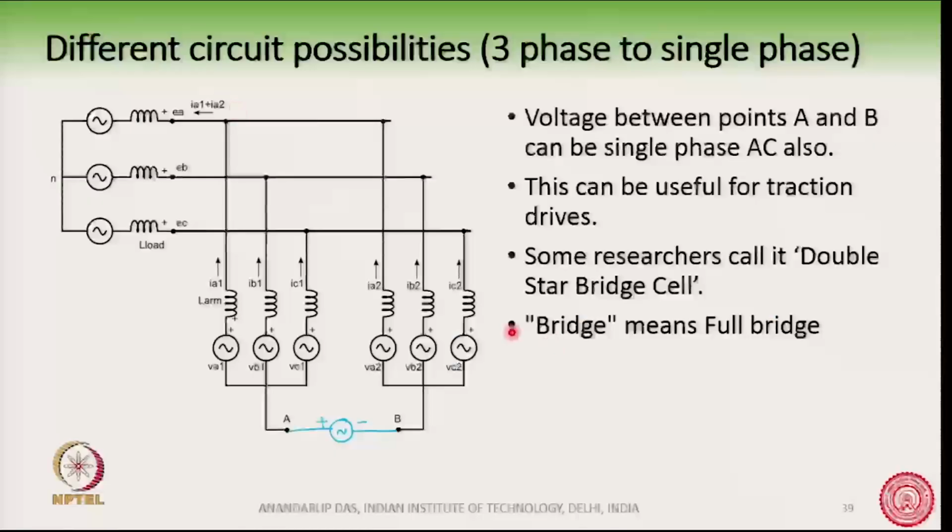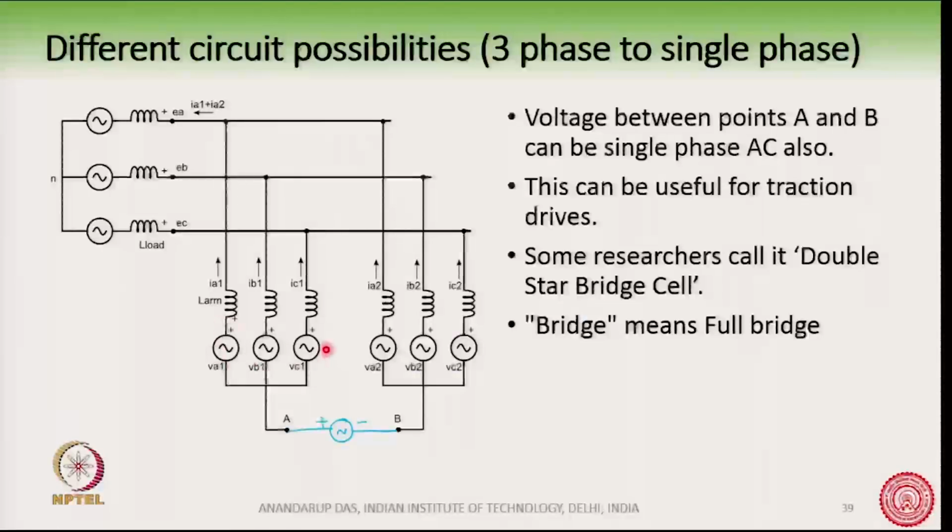Now, as I told you, if we want to run under such a condition, then we will need full bridge cells, because, as I just drew, you will need bidirectional arrows. If we need bidirectional arrows, that means we will need the full bridge feature. So, we cannot use half bridge. We have to use full bridge in this voltage source.